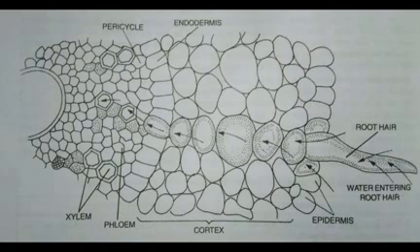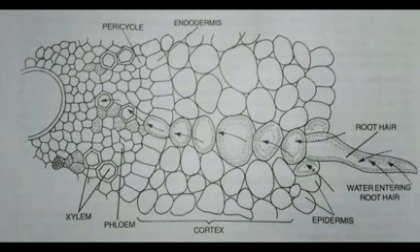Now, these differences in concentration lead to the setting up of the process of osmosis. Therefore, water diffuses into the root hair.